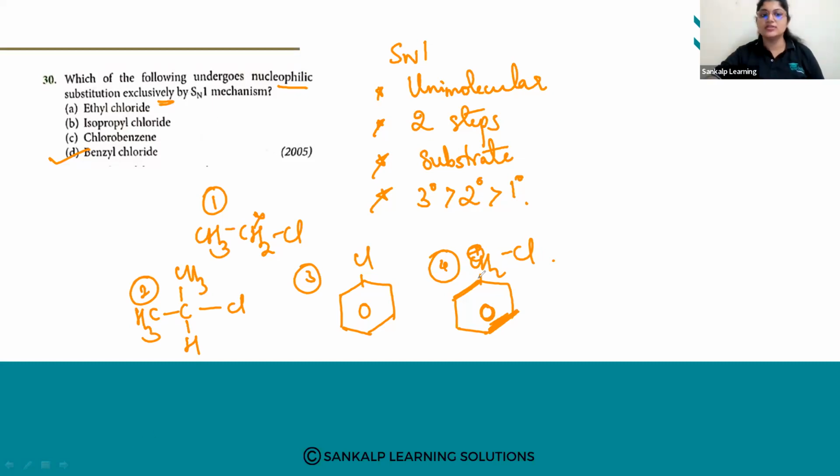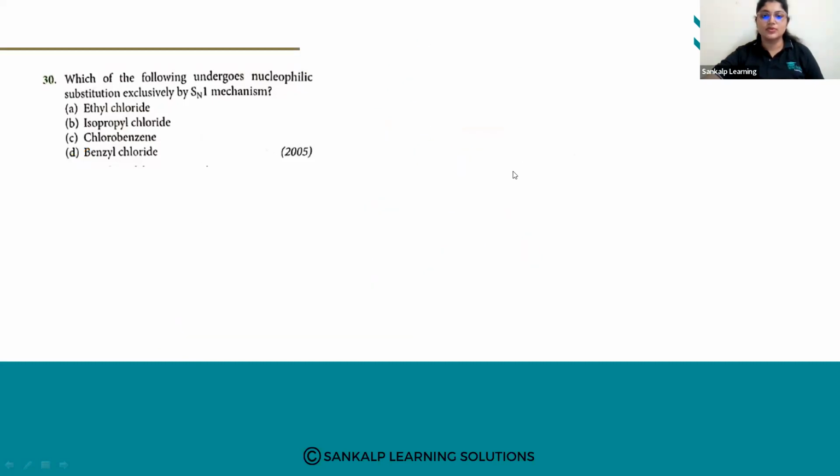Out of these four structures, the benzyl carbocation is resonance stabilized, so D, benzyl chloride, will undergo SN1 mechanism at a faster rate compared to the other three structures. So we'll go for the next one.